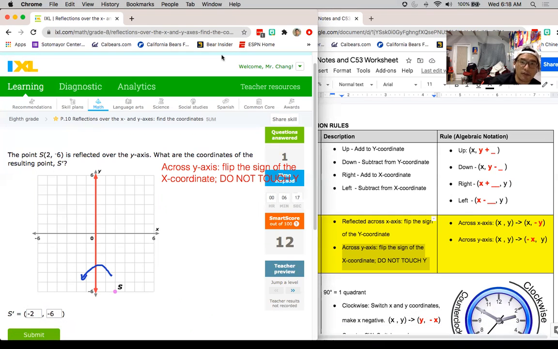And let me just show you, this point is now -2, so here's -1, here's -2 on the x-axis, comma -6, so I'm all the way down here at -6. You can see how S prime is the mirror image of S, just flipped over the y-axis, and it's still -6.